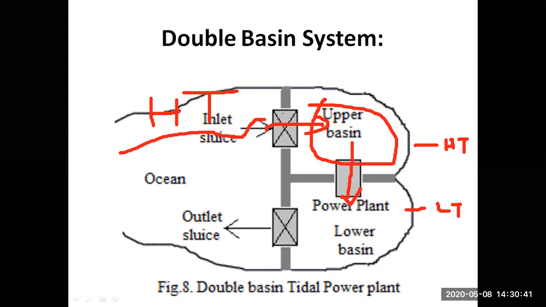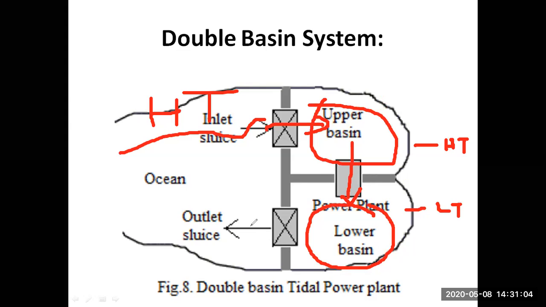Okay. When the tides are over, all the extra water which comes during the high tides in the upper basin flows through the turbine and is collected in the lower basin, and a certain specific level of water is attained in the lower basin.